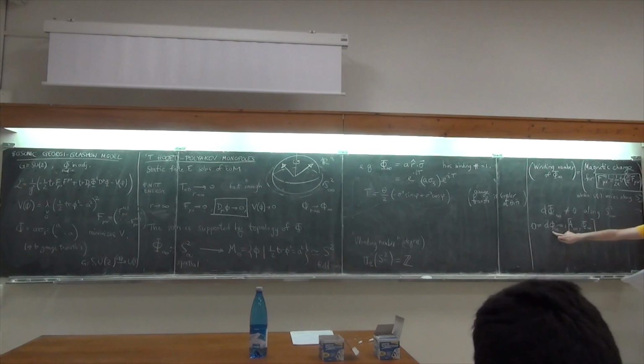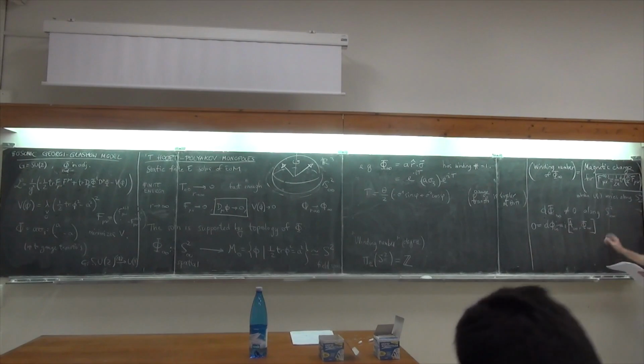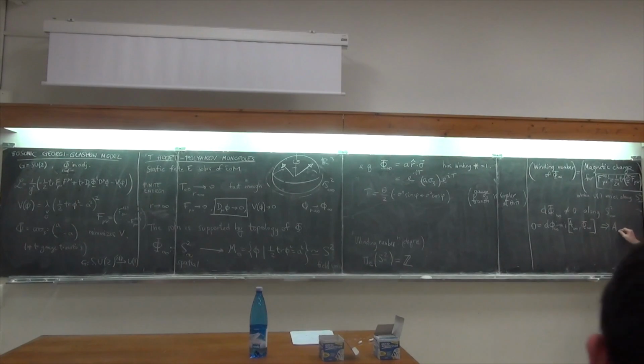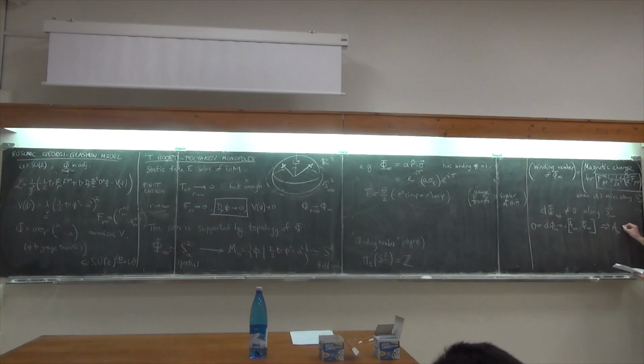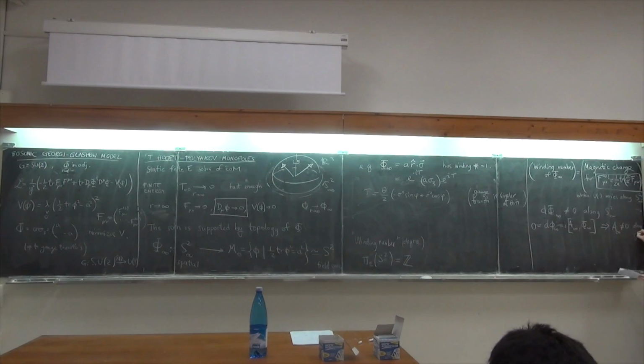Since the derivative of the scalar along the two spheres is non-zero, you also need a non-trivial gauge potential to cancel this derivative. So this tells you that A infinity is non-zero along the two spheres.